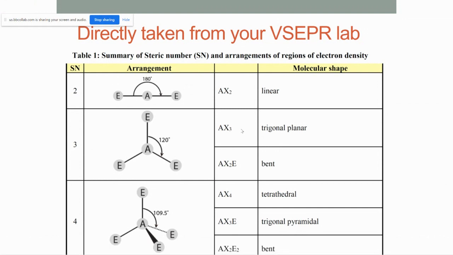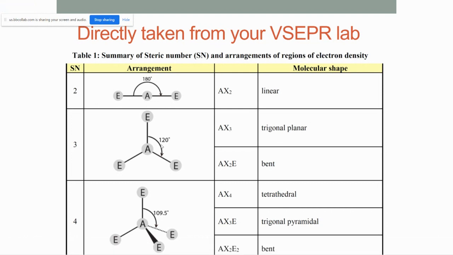So far we just talked about 2, 3, and 4. Something that I forgot to tell you is these angles. So linear has 180 degrees. Your molecules with steric number 3 will have a 120 degree bond angle.